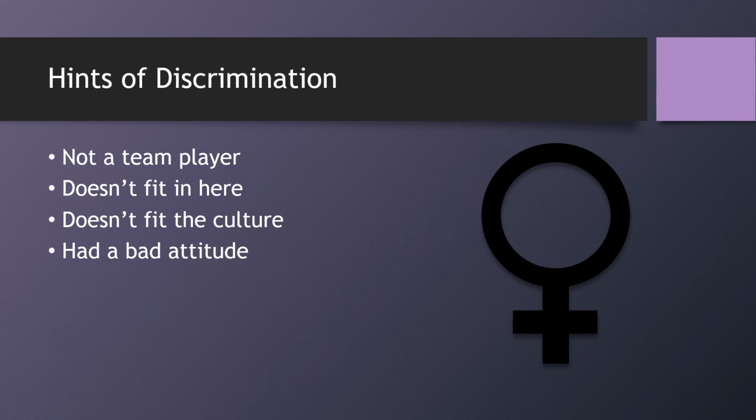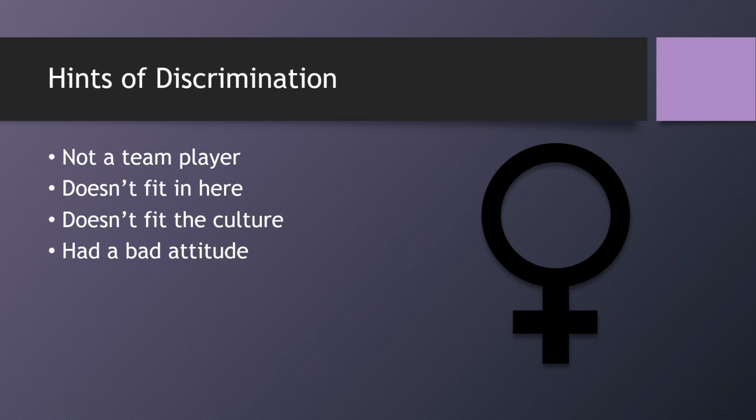Hints of discrimination. These are little word choices sometimes that happen on reviews and other types of employee documentation that can seem like general statements, but can really be a big problem depending on the situation and the individual employee. So "not a team player" doesn't seem like that big of a deal.